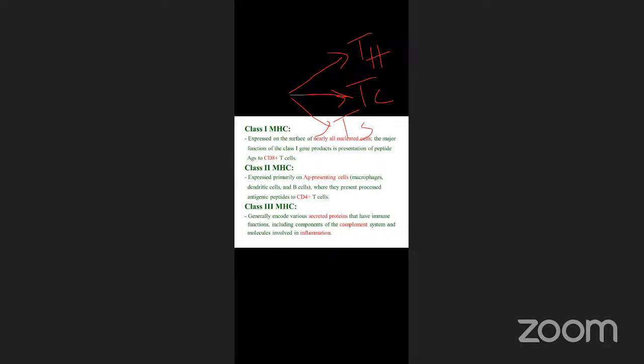MHC class 1 is present on all the cells. The function of this molecule is presentation of peptides, which are the foreign antigens, to CD8 T cells. What is a CD8 T cell? The TC cell contains the CD8 receptor, a cluster of differentiation receptor, on the surface of the T cell.